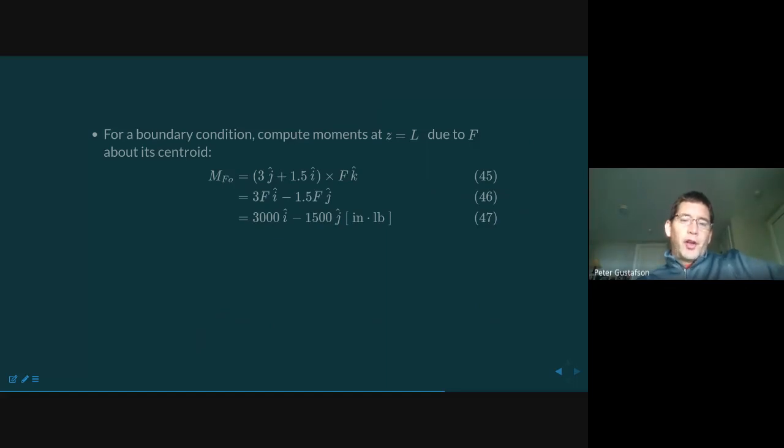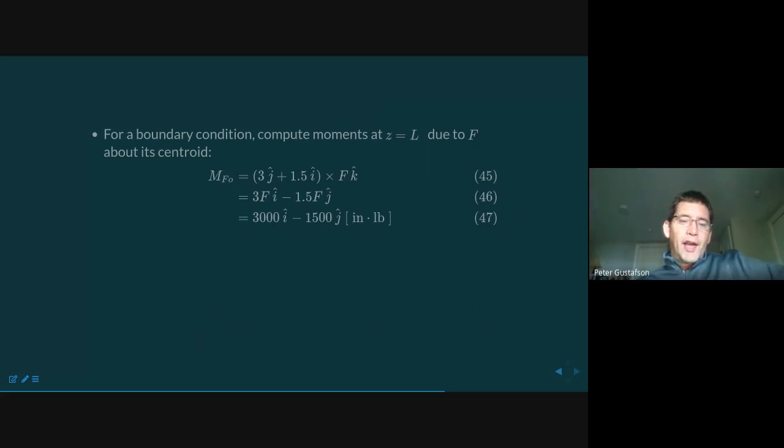So we can compute the entirety of the moment, and we can now recognize that that moment has components that are given here. That is that we have a moment arm that is 3 times the J direction plus 1.5 times the I direction crossed with the F vector, which is now in the K direction.